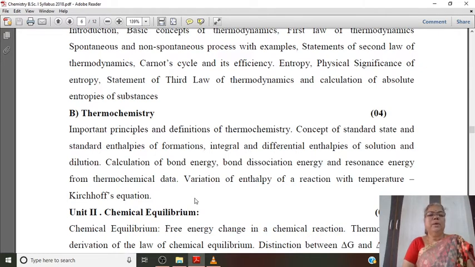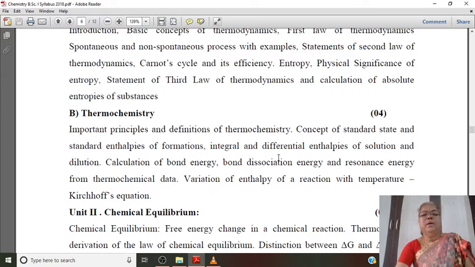And remember, part B deals with thermochemistry: important principles and definitions, the concept of standard state and enthalpies of formation, integral and differential enthalpies of solution, and calculation of bond energies, bond dissociation energy and resonance energy from thermochemical data.